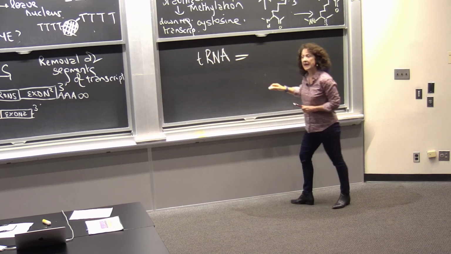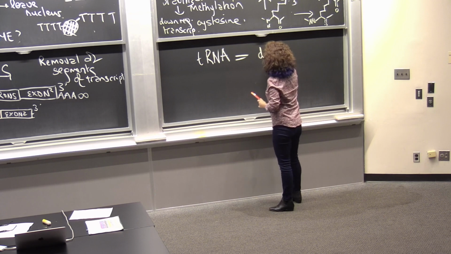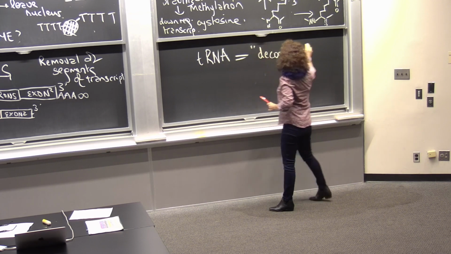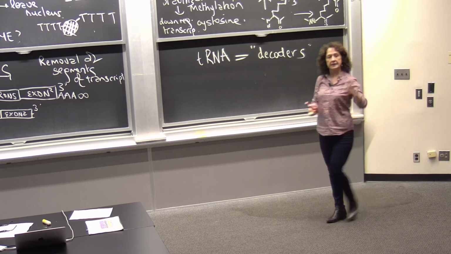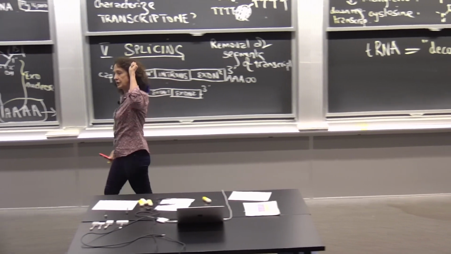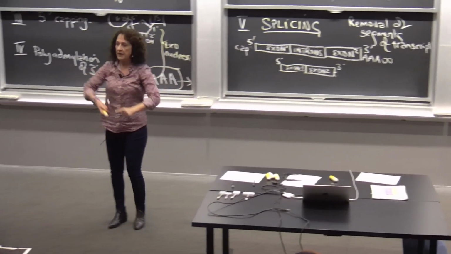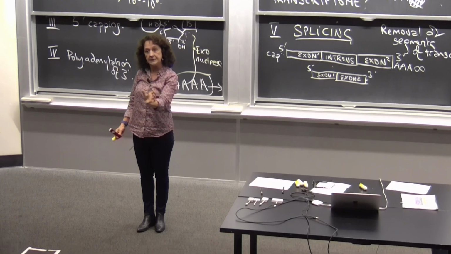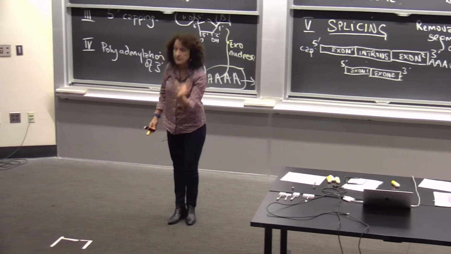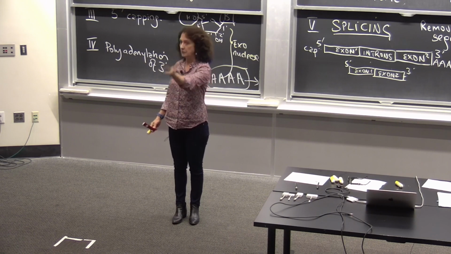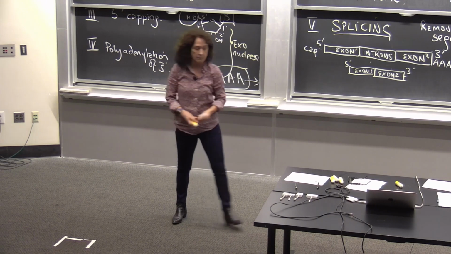And you can call these guys the decoders, because what the transfer RNA does is it can carry an amino acid on one end of its nucleic acid, but on one of the other loops within the transfer RNA is what's known as an anticodon that recognizes a codon in the messenger RNA and basically prescribes what amino acids get put in.